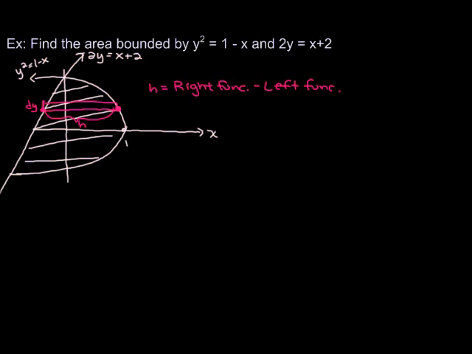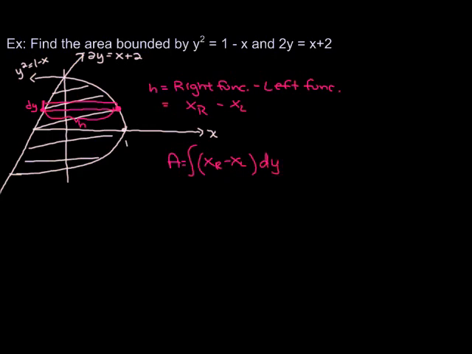So I'm going to have x right minus x left, the x value on the right side minus the x value on the left side. Everything will be the same as our other area problem setup. We take the height of a rectangle, which is x right minus x left, and the length of the base of our rectangle, which is dy, and we're going to integrate.